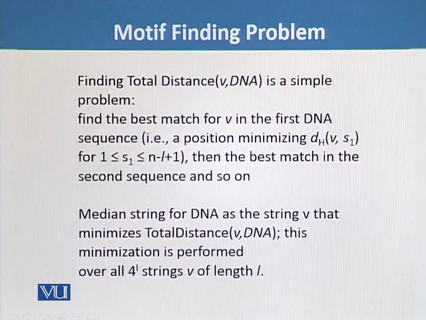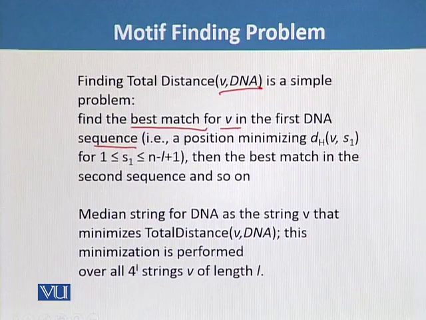Finding the total distance of V from DNA is a simple problem. First, one has to find the best match for V in the first DNA sequence. As we have seen, we have 7, 8, 10 sequences, and we have to find the best match, that is, a position minimizing the Hamming distance.